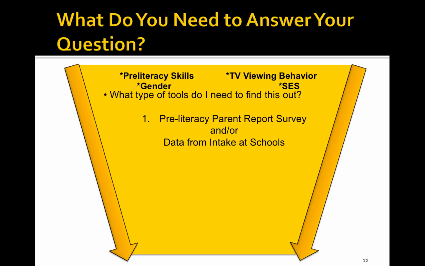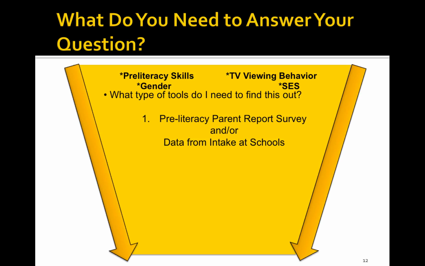So for pre-literacy skills, I've done my reading, and I see that there's different ways to collect this information. I could use a parent report survey that measures pre-literacy skills, and that way I don't have to directly interact with the children. So that might be better for the IRB, Institutional Review Board, and it might be quicker for me to collect my data because I have to finish during a certain amount of time, remember.